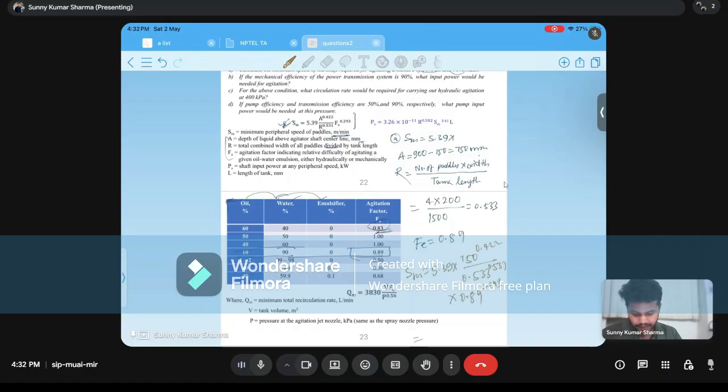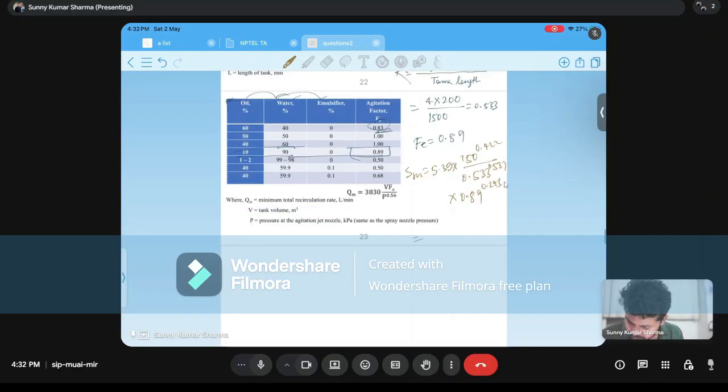So this is coming as 118, right? Yes, it is coming as 118 or 119. It is coming approximately as 119 meter per minute. So this is in meter per minute.